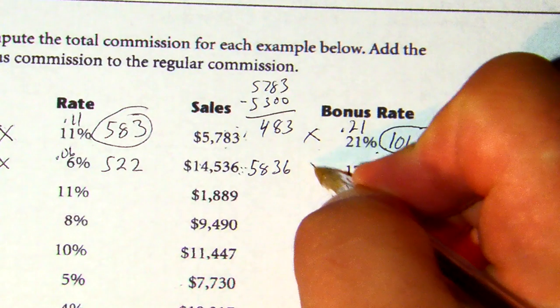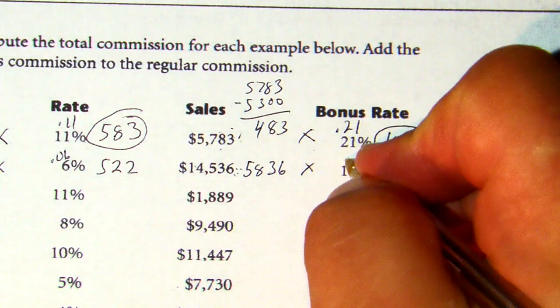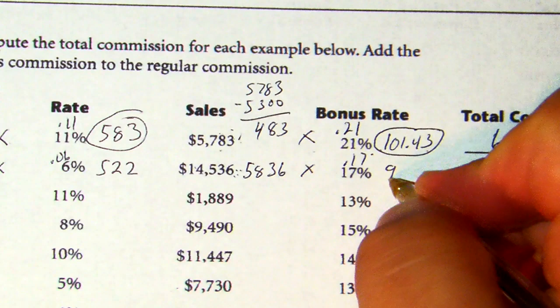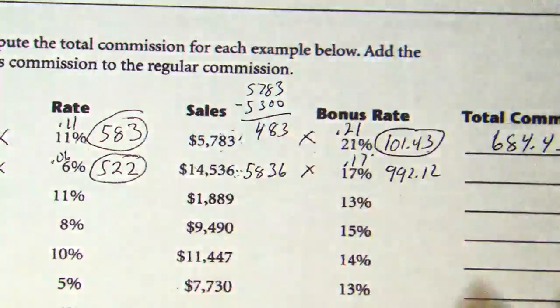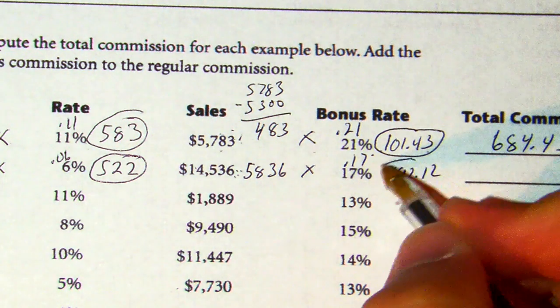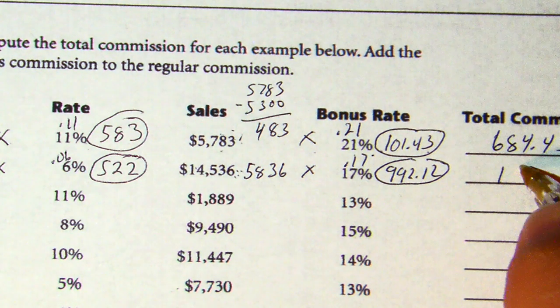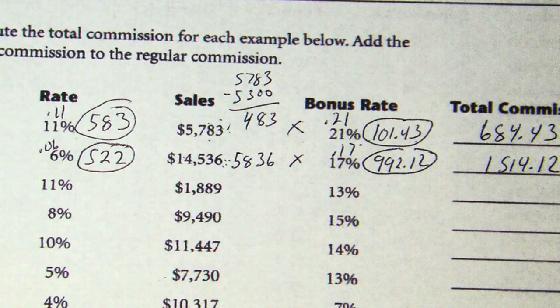I can multiply that going across at 17%. Remember, 17% is 0.17. And I get $992.12. I got my two numbers. I can add them up, and I'm with $1,514.12.